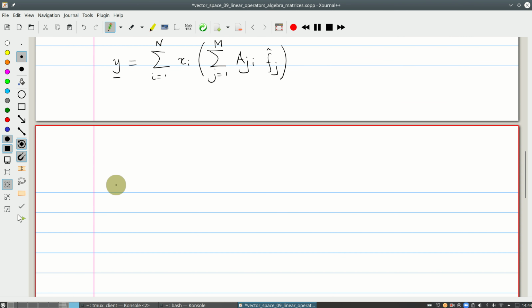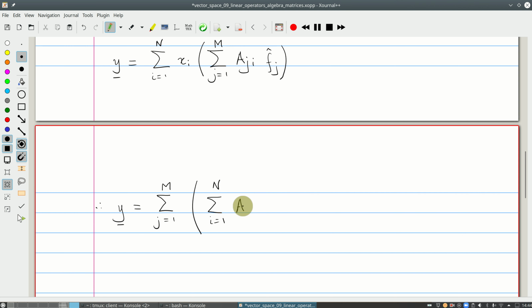Alright, so now let's get down here. Therefore y is equal to, what I'm going to do now is pull the sum over j outside and put the sum over i inside. We'll see why in a minute. j goes from 1 to m, parenthesis. The sum i goes from 1 to n, and I'm going to rearrange the xi and the aji.